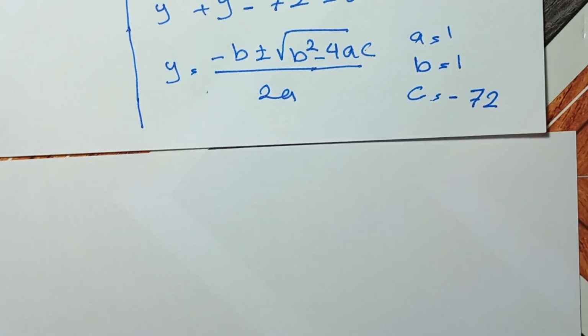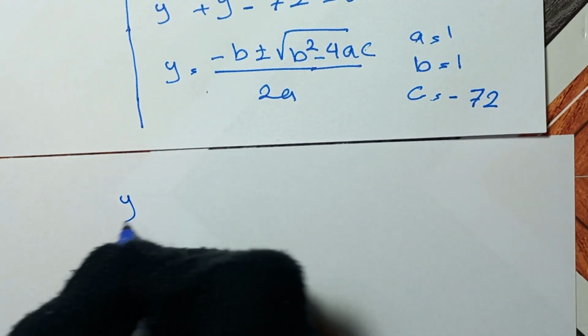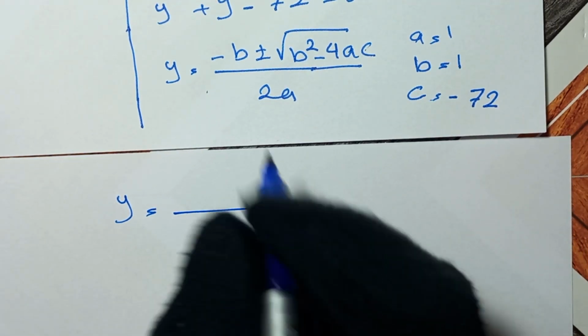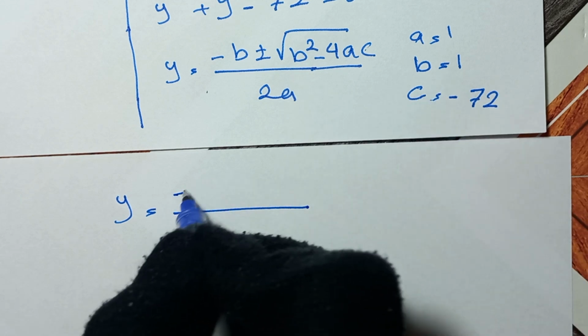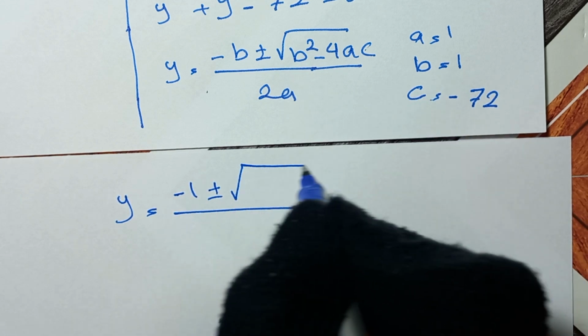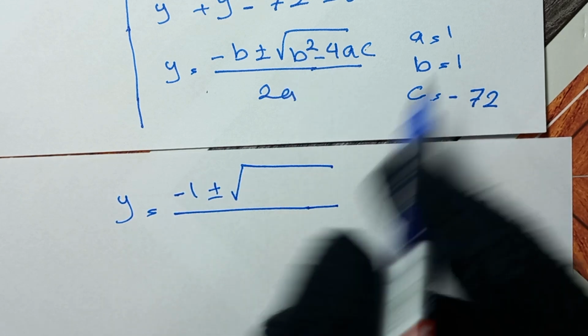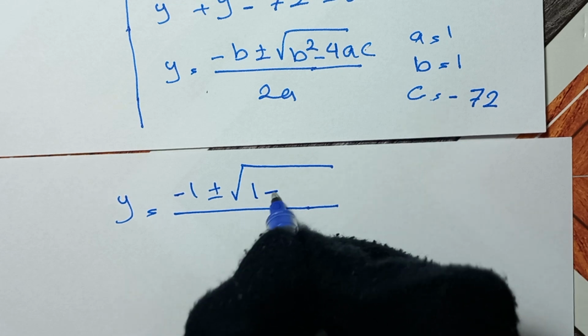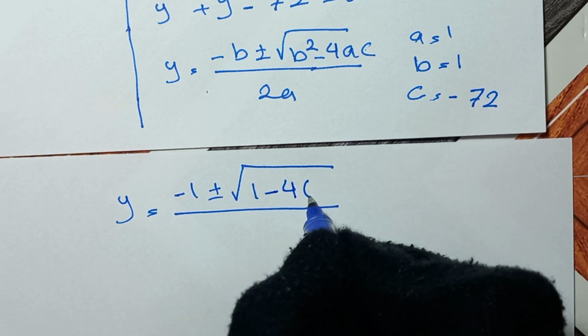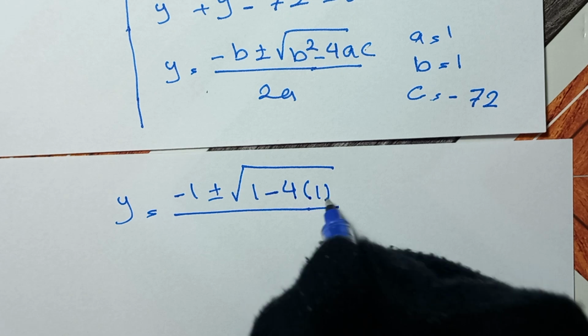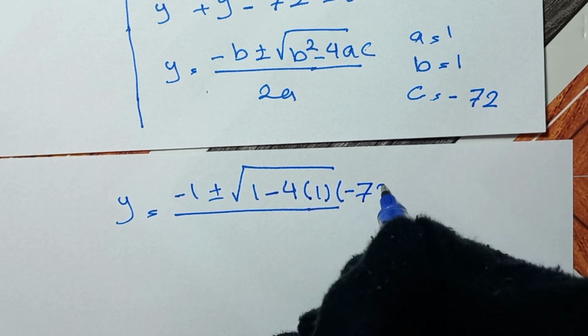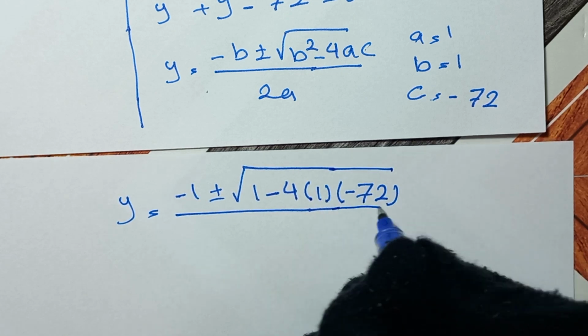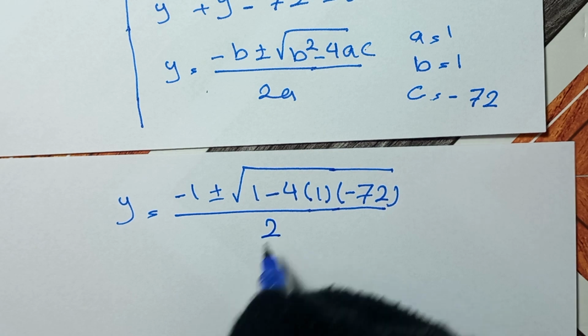So y equals negative b, negative 1, plus or minus the square root of b squared, 1 squared is 1, minus 4ac, 4 times a is 1 and c is negative 72, over 2a, which is 2.